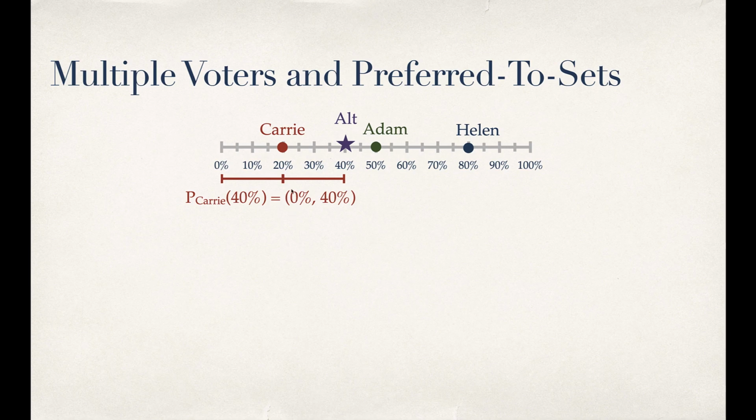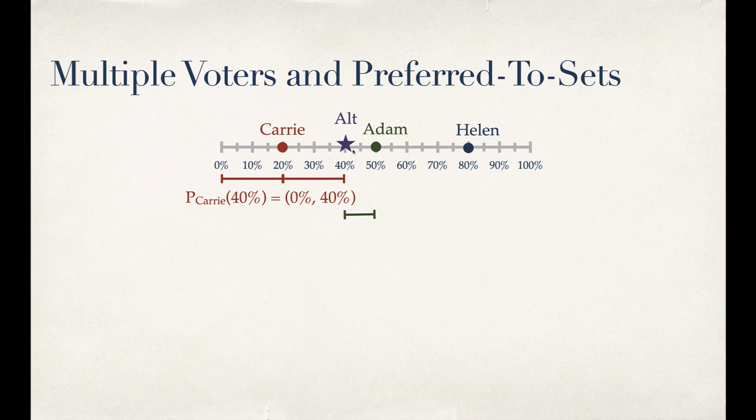If you have a case, and there will be some in a second, where this number is in the preferred 2 set, then you put a hard bracket. But 0 and 40 are the indifference points for the alternative 40, and so they are not in the preferred 2 set. What about for Adam here? Well, for Adam, we know he definitely prefers everything between 40 and 50. We are getting closer to his ideal point. We are going up his utility mountain into higher utility alternatives, 40, 41, 42, 43, 44, 45.